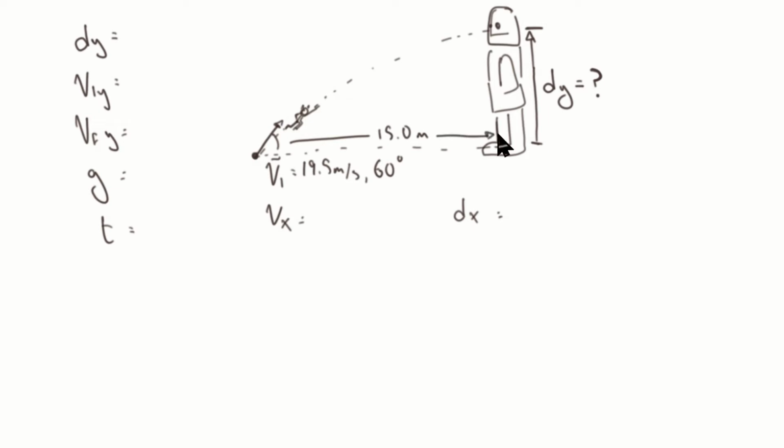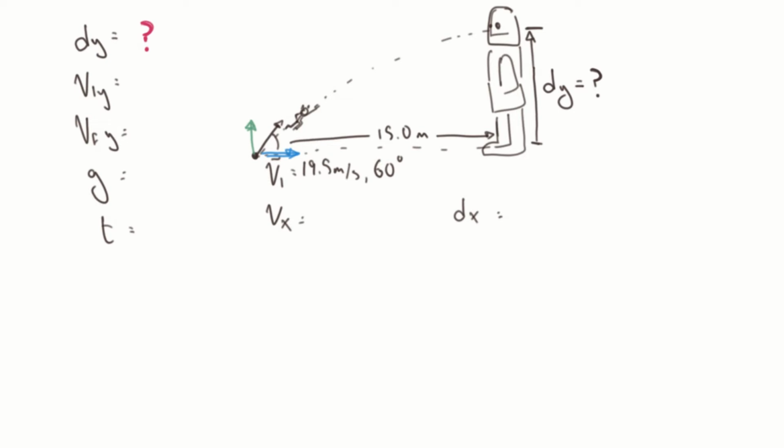All right, so if we plug stuff in, we know that dy is going to be our unknown. That's what we're going to be solving for. We do know everything we need to know about the initial y velocity and the initial x velocity, because we can break those up into their x and y components.